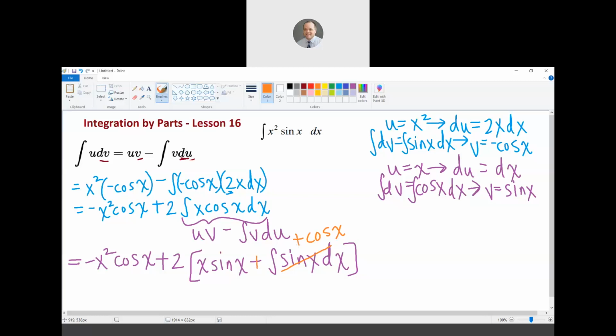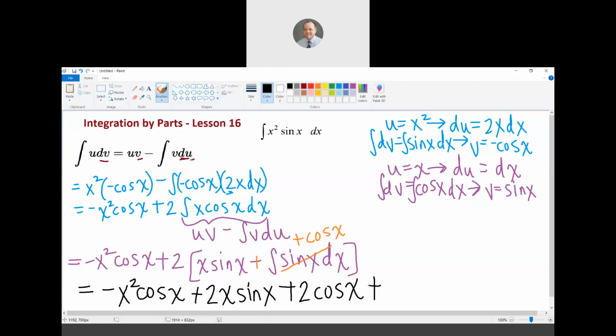And the last thing we need to do is distribute that 2. So our final answer is negative x squared cosine x plus 2x sine x plus 2 cosine x plus c.